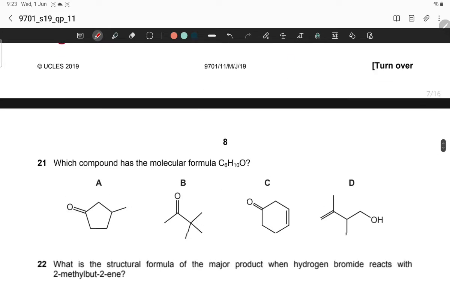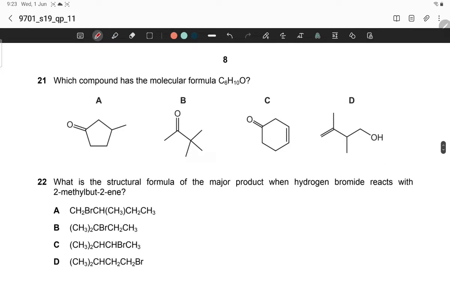The option is D. Which compound has the molecular formula C6H10O? C6H10O. 1 2 3 4 5 6.